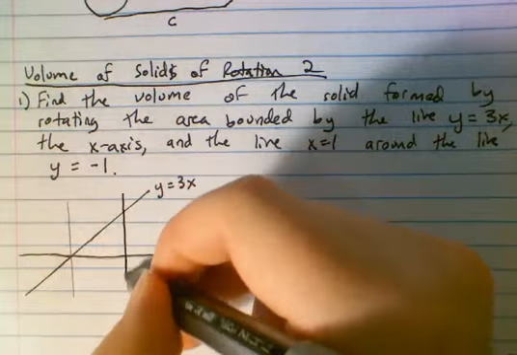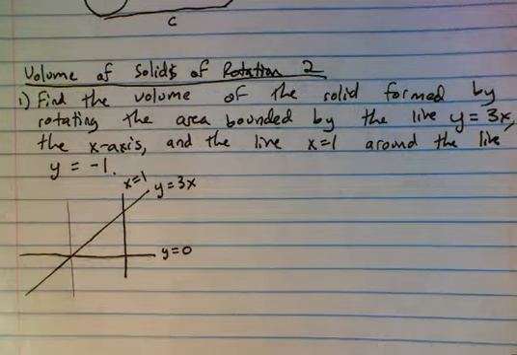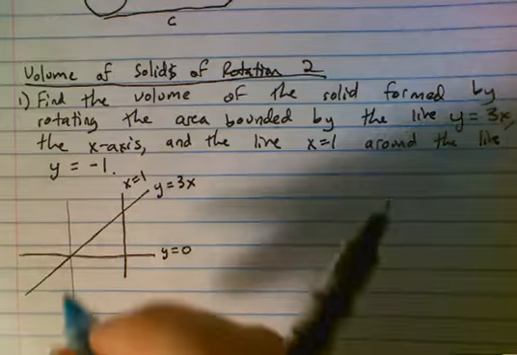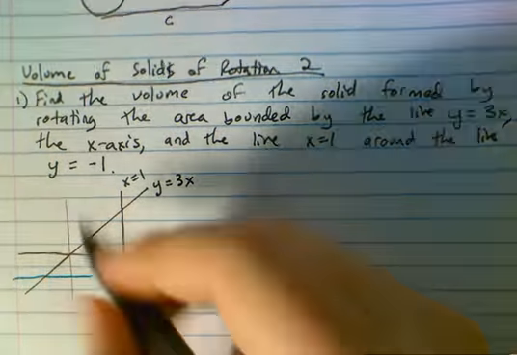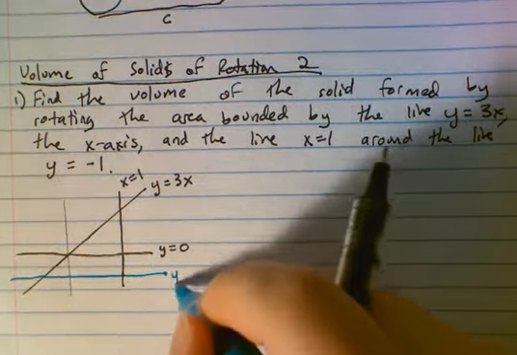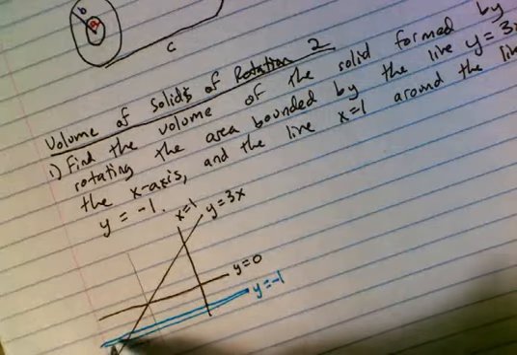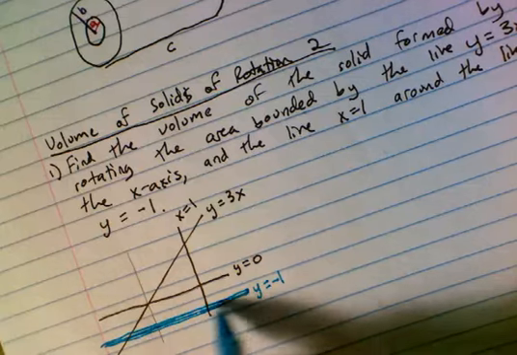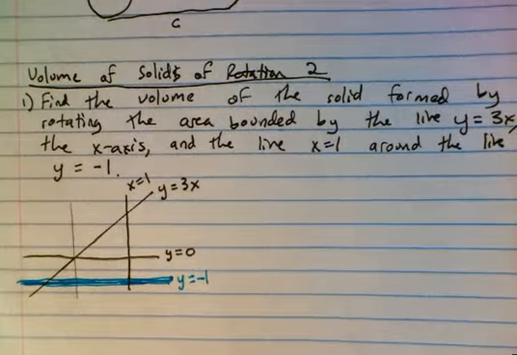One line, x equals 1. And then I've got an axis here at y equals -1. I'm going to do that nice and dark. There's the axis I'm rotating around.